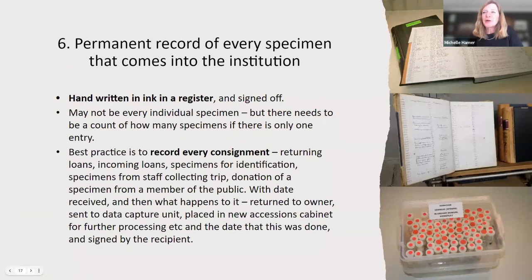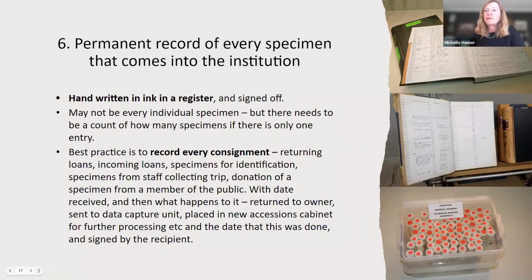And then this, I know when the working group was developing the manual, there was lots of discussion and debate about this permanent record of every specimen that comes into the institution. And this is actually a requirement for CITES species, but also it's recommended by all the big international collections organizations.